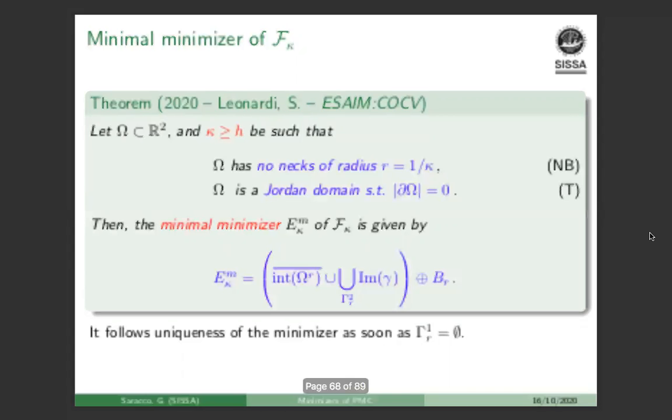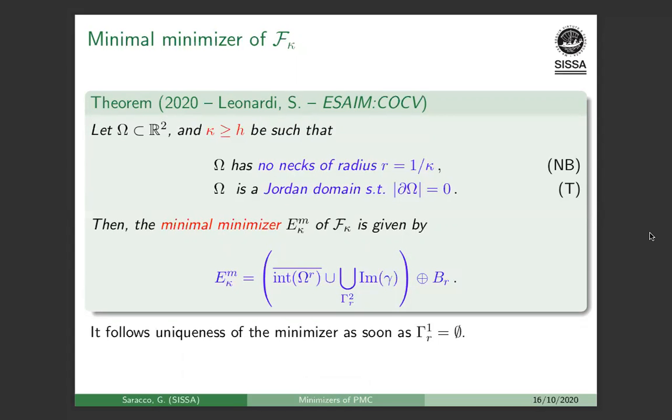And then you have uniqueness as soon as you have no Pinocchio's noses. So we basically have a shape description for the maximal and the minimal minimizer for any set which has non-X of radius R, the inverse of the curvature you're prescribing.